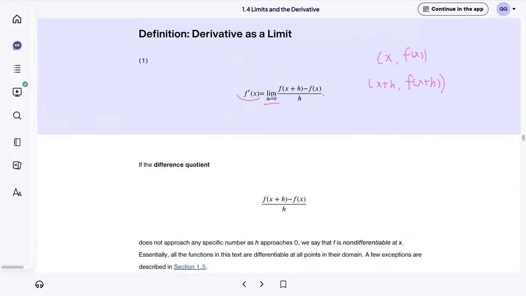But now we want to push h to be 0. We can imagine if we have something like this. This is the x value. X plus h may be on the left-hand side or on the right-hand side. If on the left-hand side, we just push h to be 0. Same thing for this one. So push h to be 0. In the end, it's just this one point.